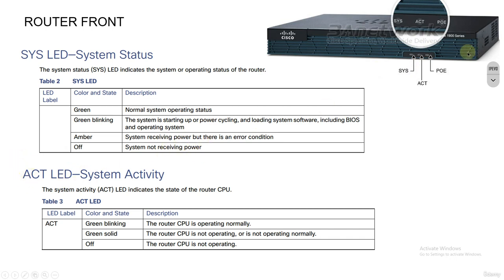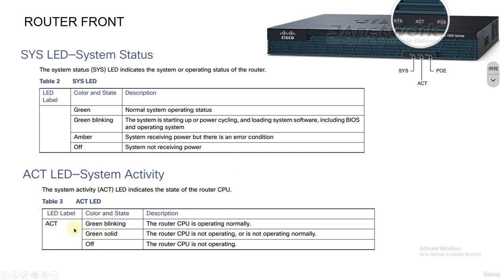On the other hand, we have ACT, which stands for system activity. So some kind of activity is going on. The system activity LED indicates the state of the router CPU. CPU stands for Central Processing Unit, so it means some kind of processing is going on.